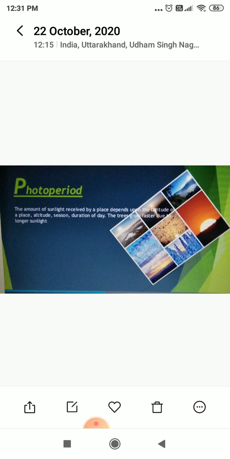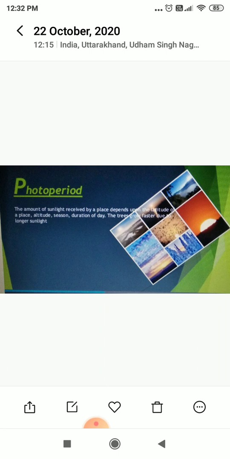Next is photoperiod, which means the amount of sunlight received by an area. We see variation in the duration of sunlight at different places because of different latitudes, altitudes, seasons, and the duration of day.